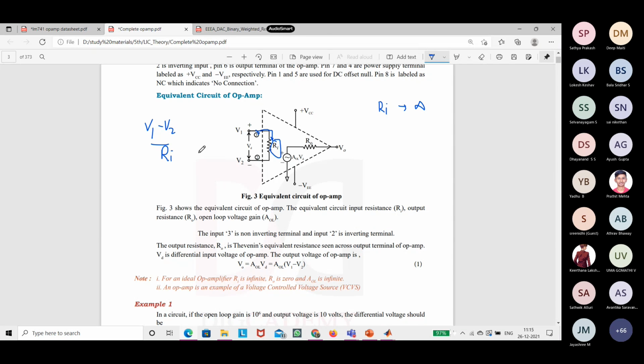In practice, R input tends to megaohms, and the voltage you are giving is in volts or millivolts, so the current will be in the order of picoamps to nanoamperes. Practically we take it as 0 amps at the inputs, but there are some imperfections, so we'll not go into that part.